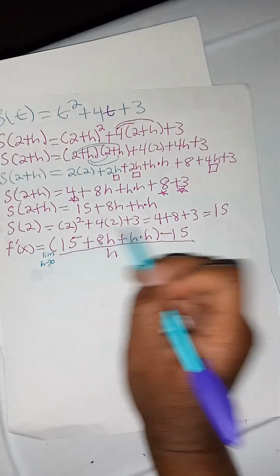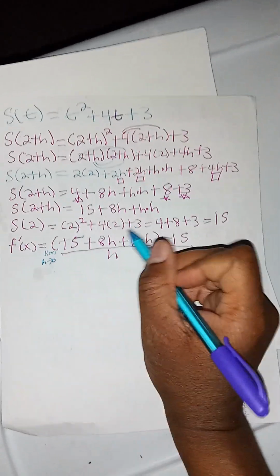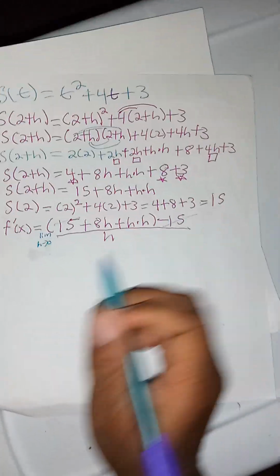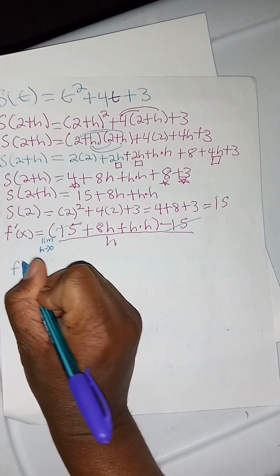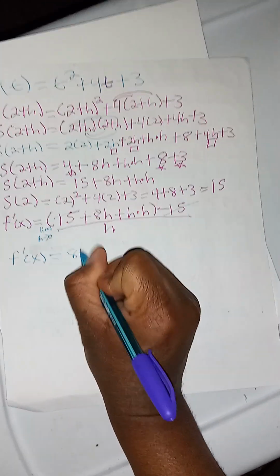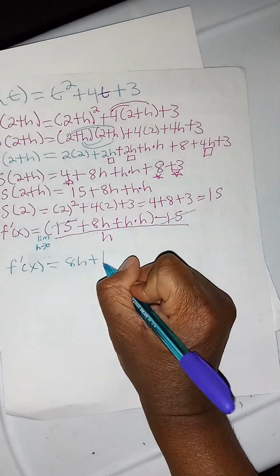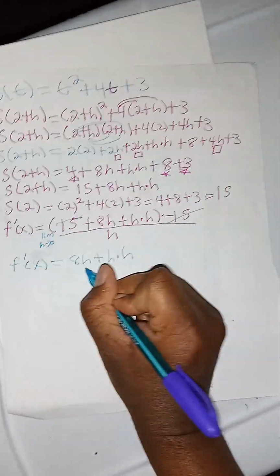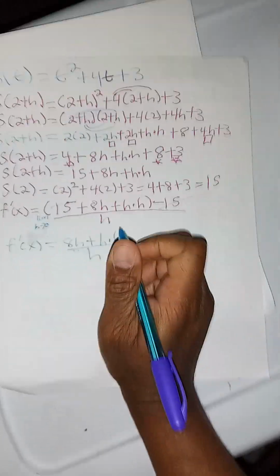So 15 minus 15 will cancel out. So now we have f prime of x is equal to 8h plus h times h all over h.